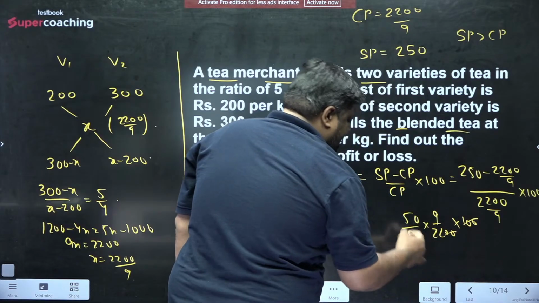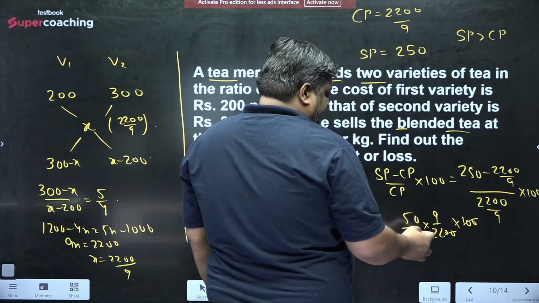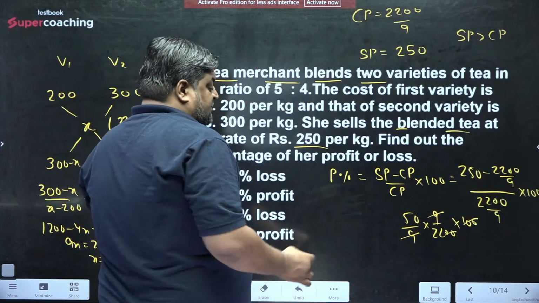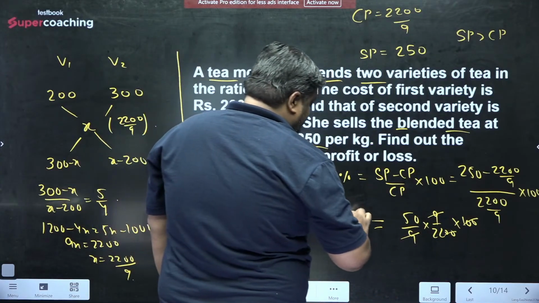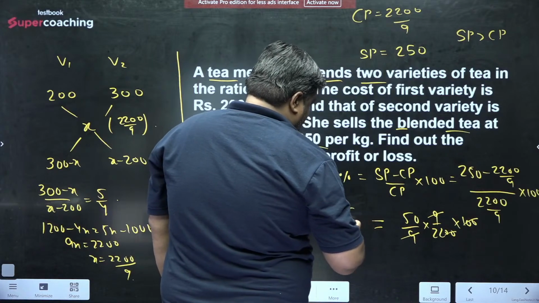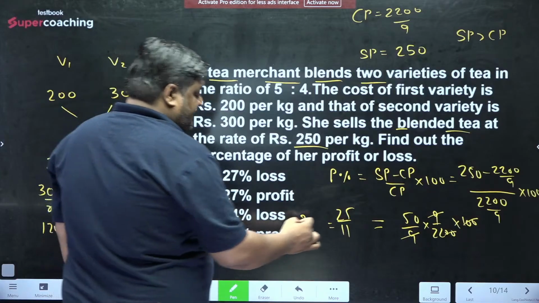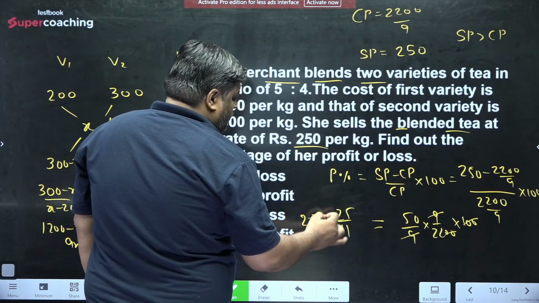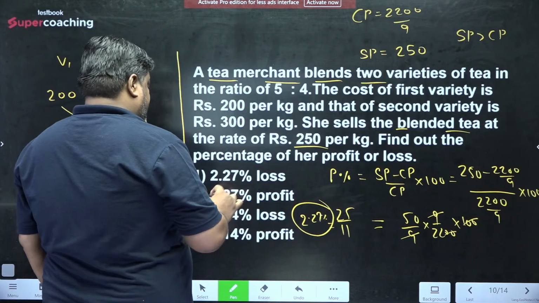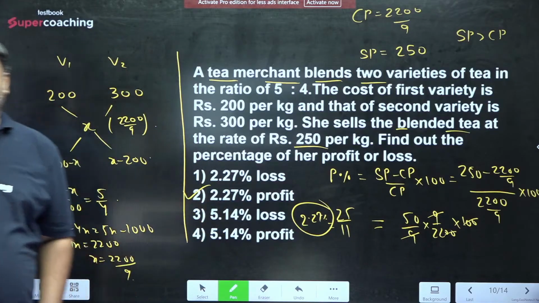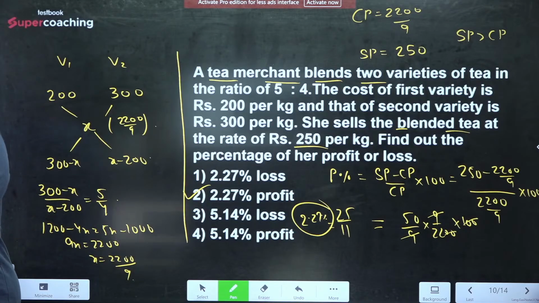Double zero cancels with double zero, and 9 cancels with 9. 50 upon 22, which is also 25 upon 11, which is about 2.27% profit. Option 2 is the right answer.